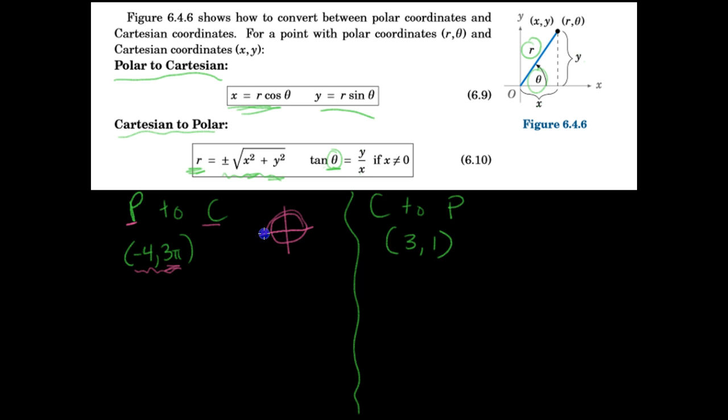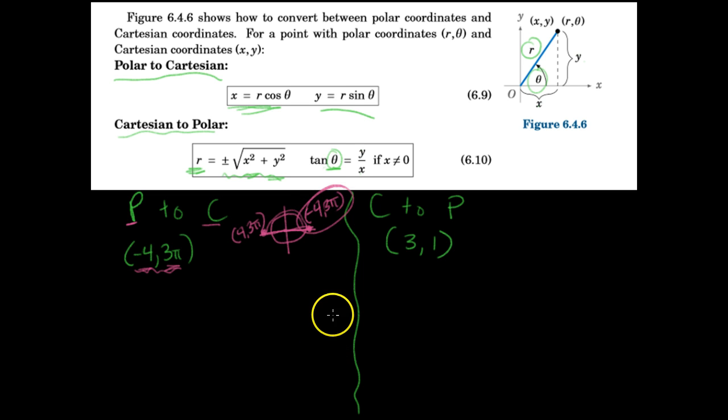That lands me right on the x-axis in the negative direction. But because of this -4, rather than 4 units away, because this point would be 4 comma 3 pi, I actually go back over here to -4 units. That tells me to go through the origin 4 units. So -4, 3 pi is right here.